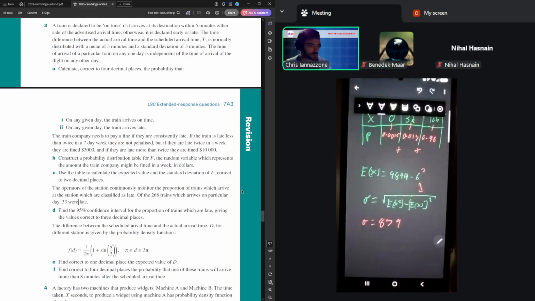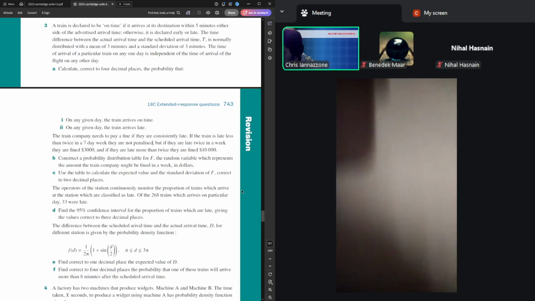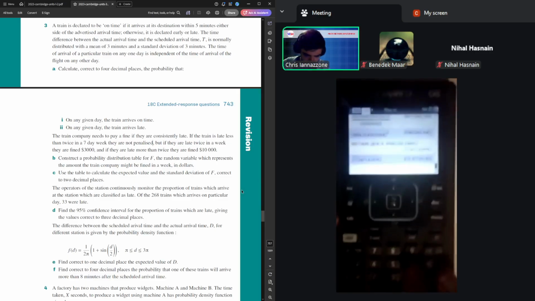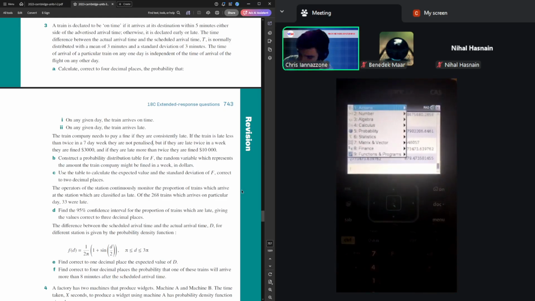All we need to do from here is remember, how do we do a 95% confidence interval? Given that this is TI-Nspire CAS as well, we have a specific CAS function for this. We just got to know how to use it properly. Anyone remember where it is specifically?